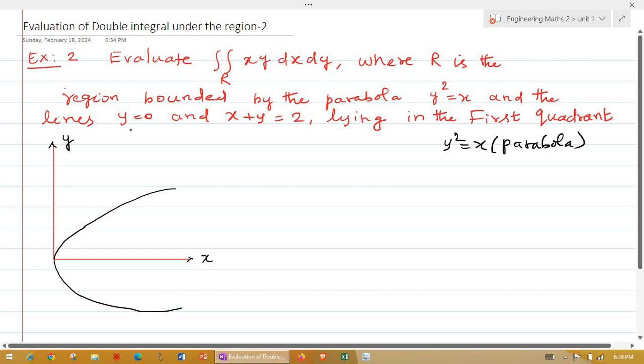The second one, y equal to 0, means the x axis.